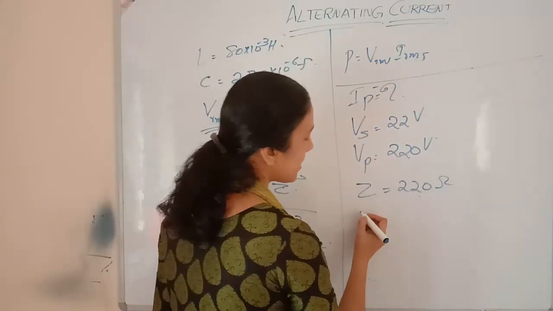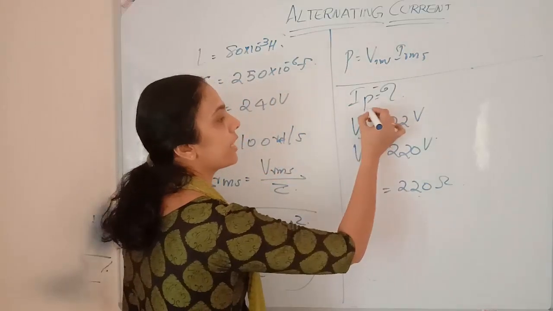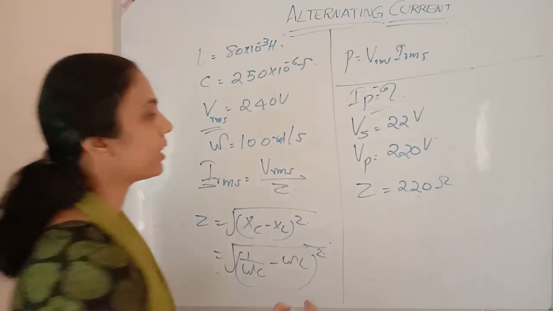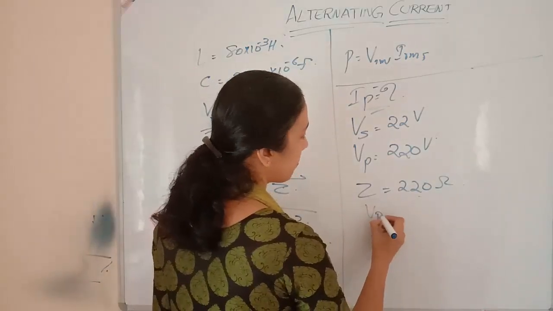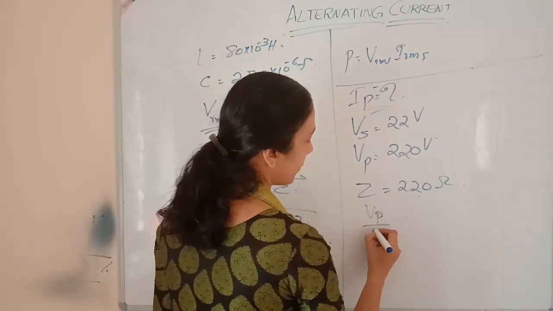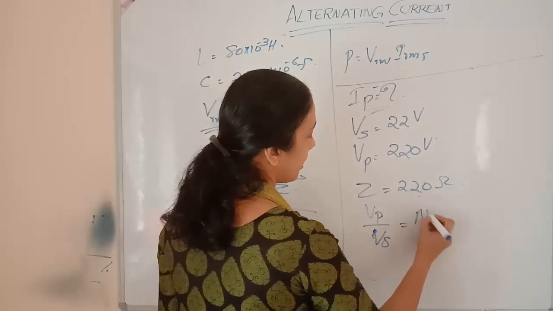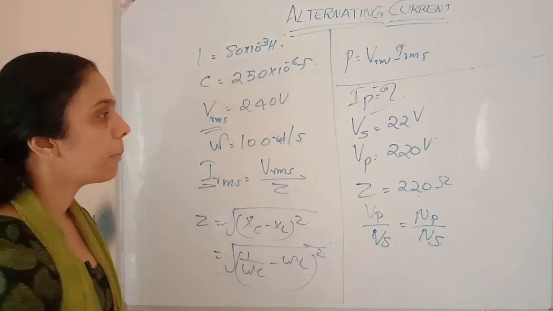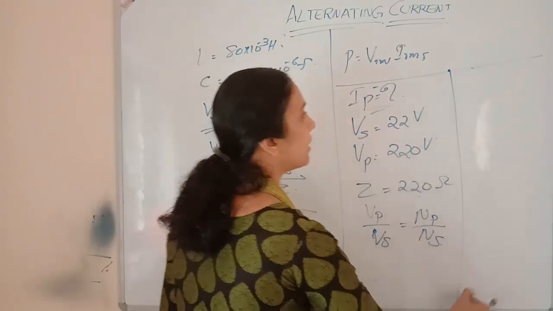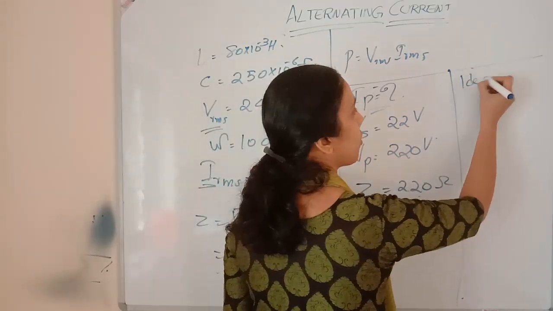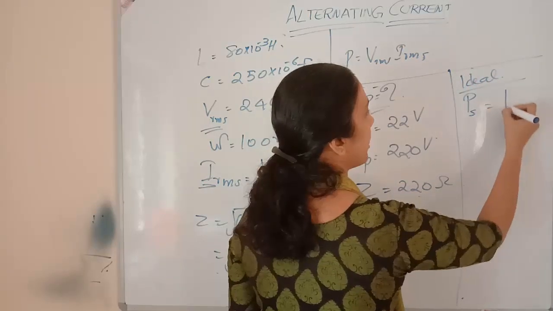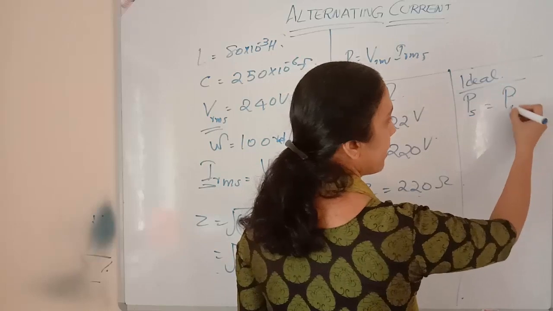Now we need to find out this IP value. About the transformer, we know the relation Vp by Vs is equal to Np by Ns. But for an ideal transformer, the power developed in the secondary will be equal to the power developed in the primary.